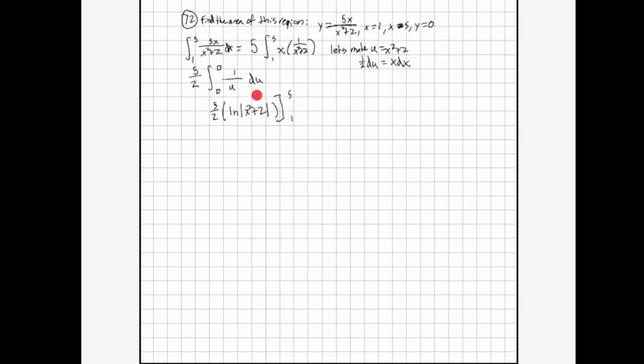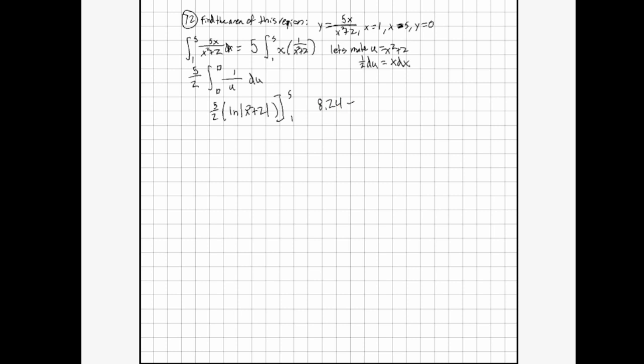So now I plug these back in, because right here we would have needed to solve for u, but I don't want to do that. So what I do now is plug in 5. When I plug in 5 to this equation, 5 times 5 equals 25 plus 2 equals 27. So 5 over 2 times the natural log of 27 is about 8.24.